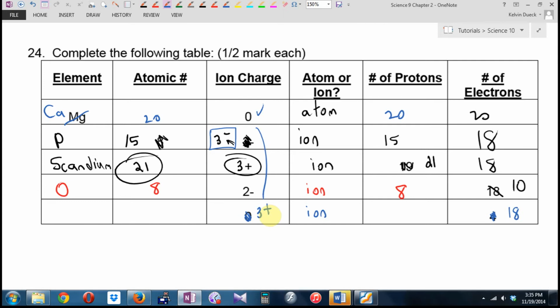18. Find element number 18. That's going to be our starting point. Argon. Okay? Look at it, stare at it, put your finger at it, whatever you need to do. Now, I need to be 3 more positive than argon.